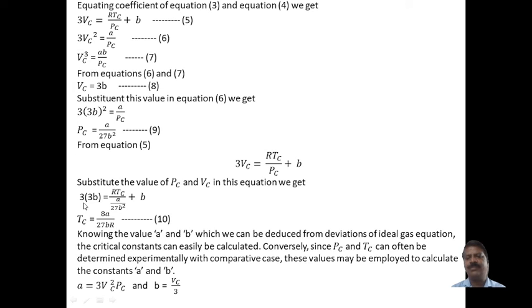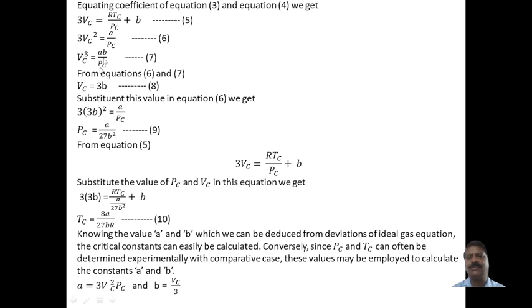What happened? We will get 3 into 3B equal to RTc divided by A divided by 27B square, plus B. From that we can calculate Tc equal to 8A divided by 27RB.